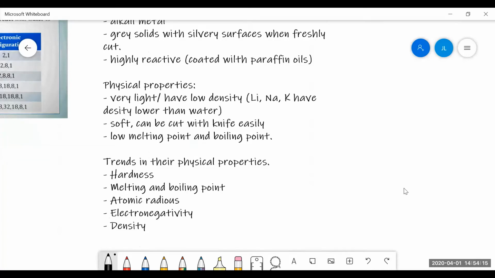hardness? Anyone? So in other words, lithium is the hardest or francium is the hardest among group 1?